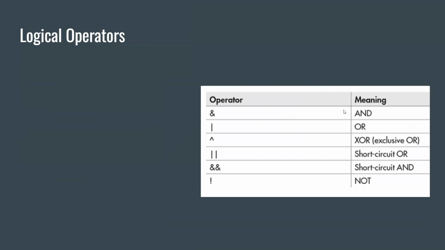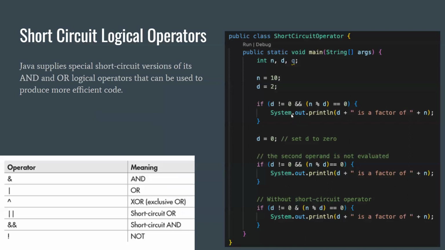You can use and, or, exclusive or, short circuit and, and not. They are all interesting, but the ones I find most interesting are the short circuit or and short circuit and.